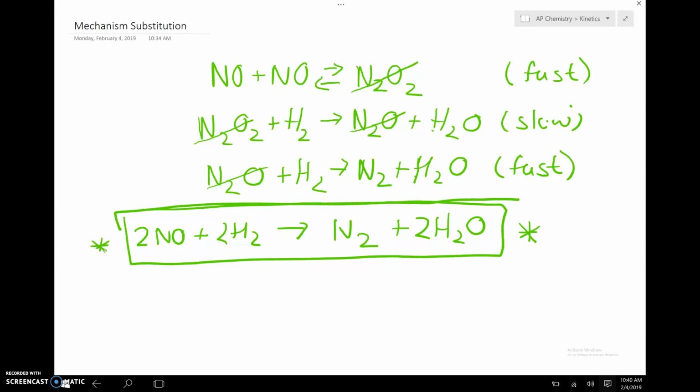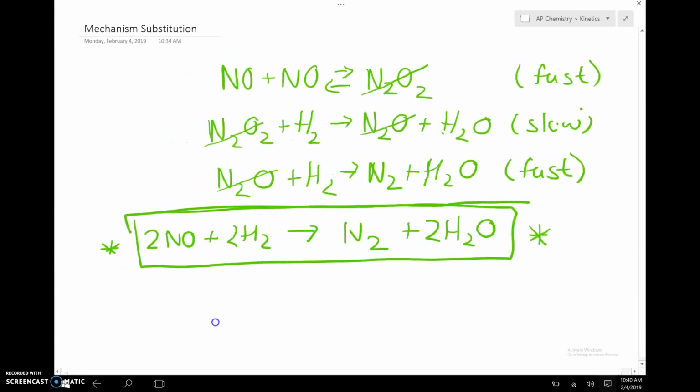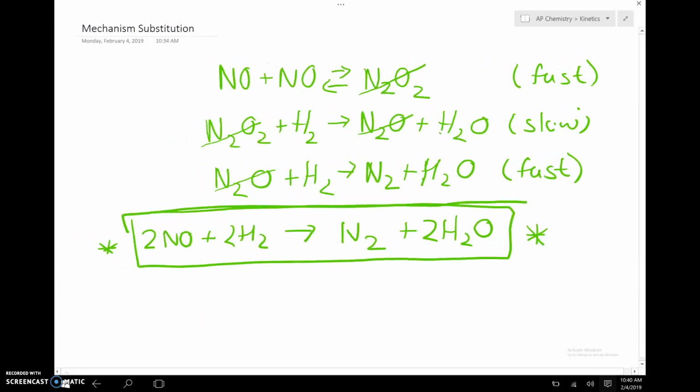Now, for the rate law, remember that when we are working with the mechanism, we write the rate law based on the molecularity, which means based on the stoichiometry. So we look at the slow step. In this case, that's this step right here. And I write rate equals K, just like always.